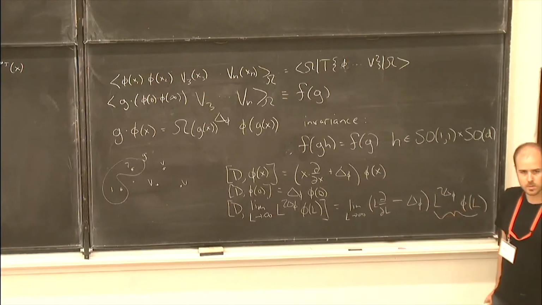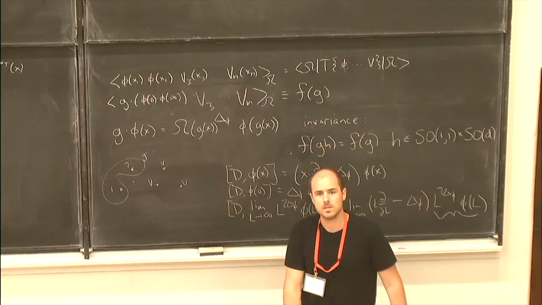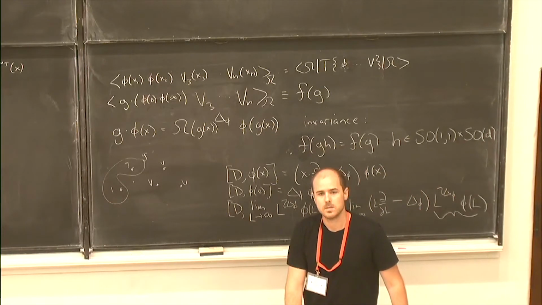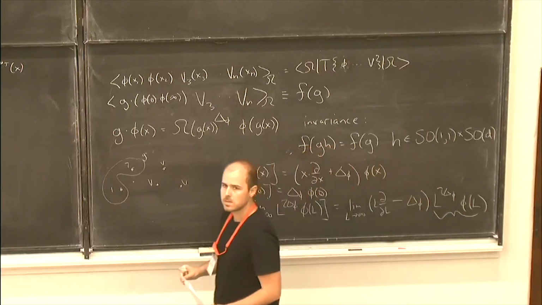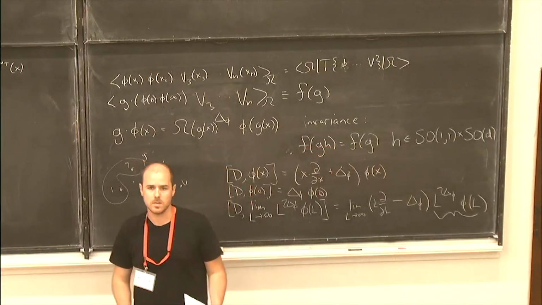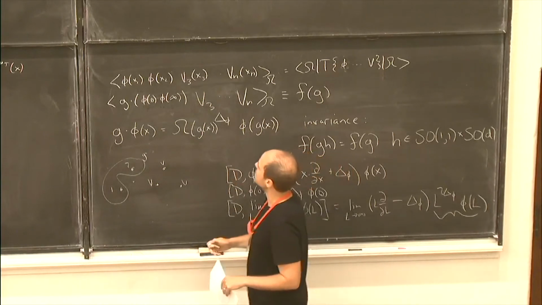Okay? So, yes? Why does your definition of the lift of the function on the group actually reproduce the original correlation function? Great. If you try to realize phi's at x1 and x2, then you're going to come dressed with the extra factors. Yeah, absolutely, so this is right, and you have to be careful about that.